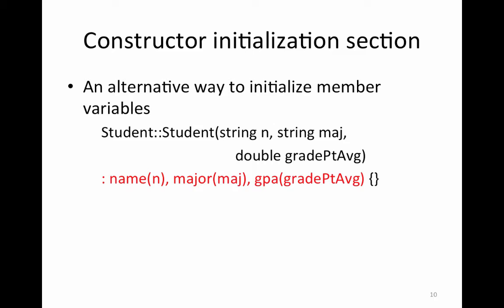And you use parentheses to make the assignment. So in this case, N is being assigned to name, Maj is being assigned to major, grade point average is being assigned to GPA. And then an empty pair of curly braces that does nothing more.